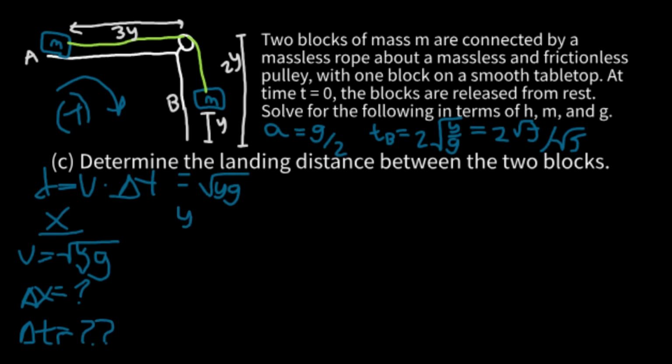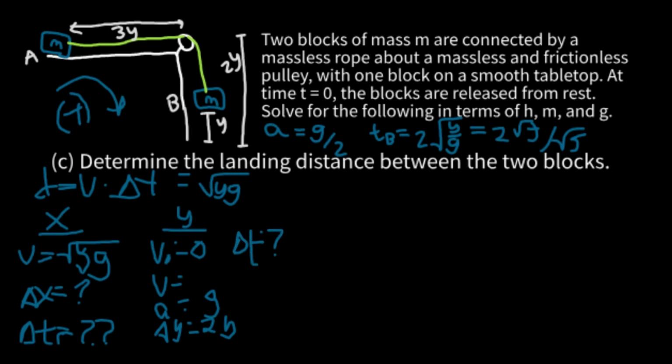In the y direction, our initial velocity is 0. Our final velocity, we don't know. Our acceleration. Alright, so at this point, block B has hit the ground and block A is in free fall, so its acceleration is just going to be g. Our change in y is 2h, or I should say 2y, and our delta t we are solving for. So we can just use this with our y table.